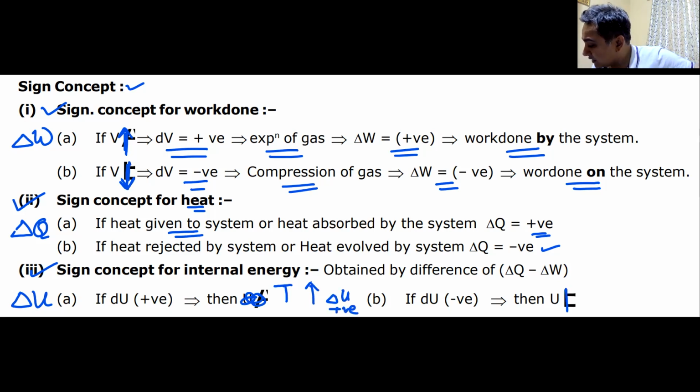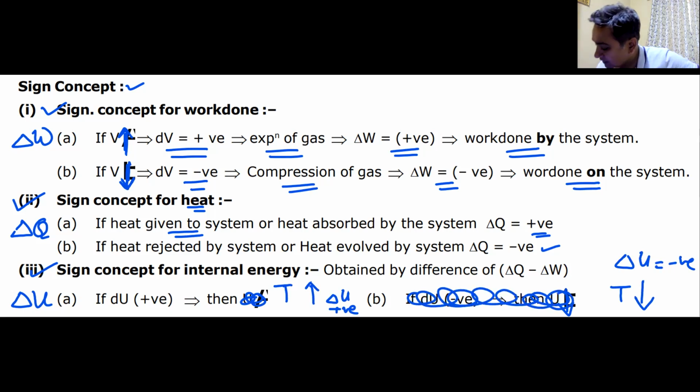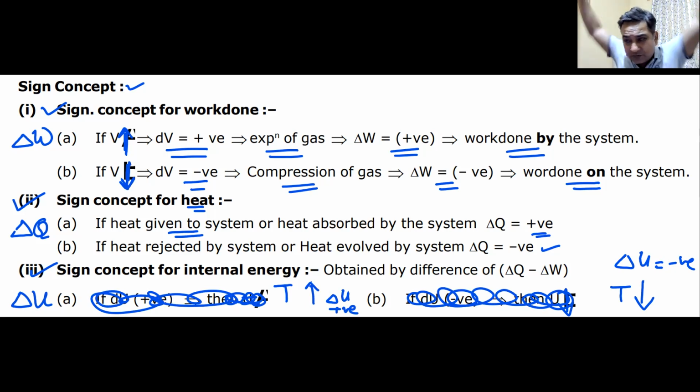If temperature is decreasing, then delta U is negative. Okay, so just remember this. If temperature is increasing, change in internal energy is positive. If temperature is decreasing, change in internal energy is negative. Do you understand this? Please raise your hands and let me know. I'll give you a minute to note this down. A minute, 2 minutes.